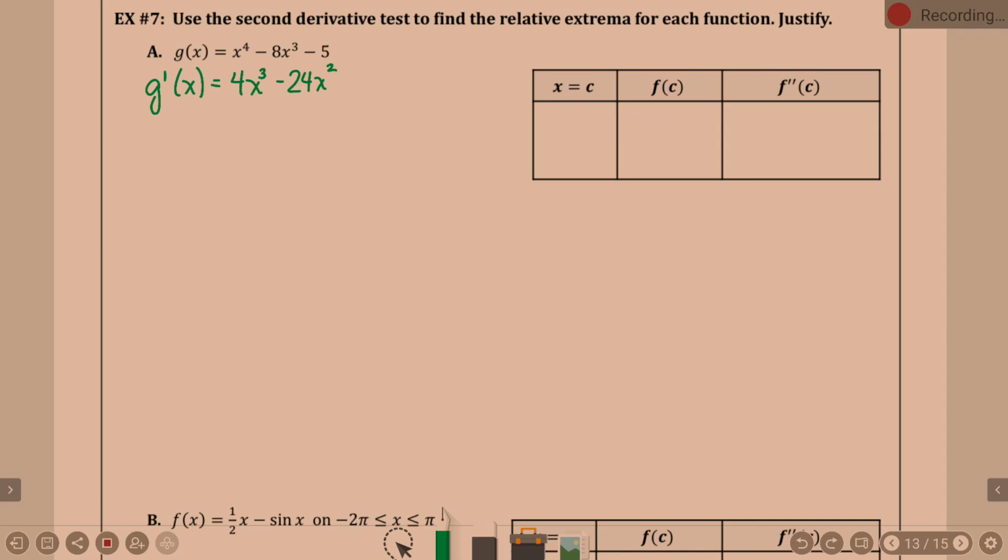Extrema still happen at critical points of the first derivative, but it said use the second derivative. We are going to use the second derivative test, but to find the points, we have to stop and use the first derivative. So if I set 4x cubed minus 24x squared equals 0, x is going to equal 0 and 6.